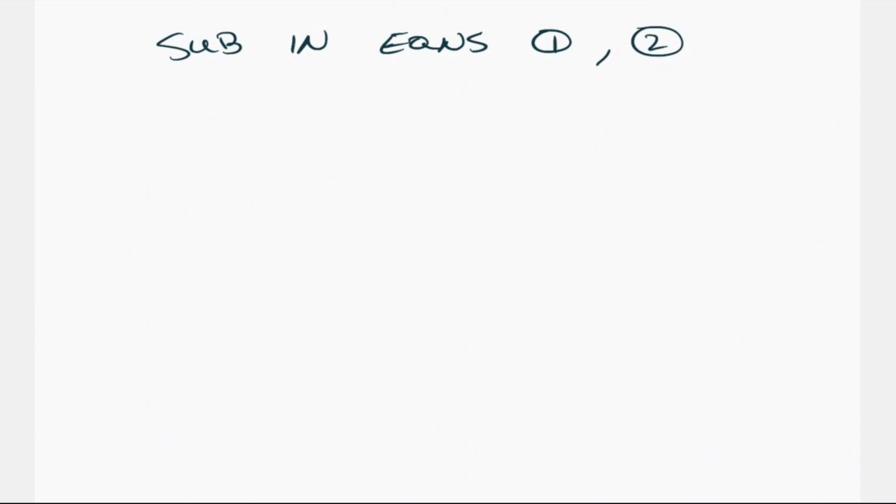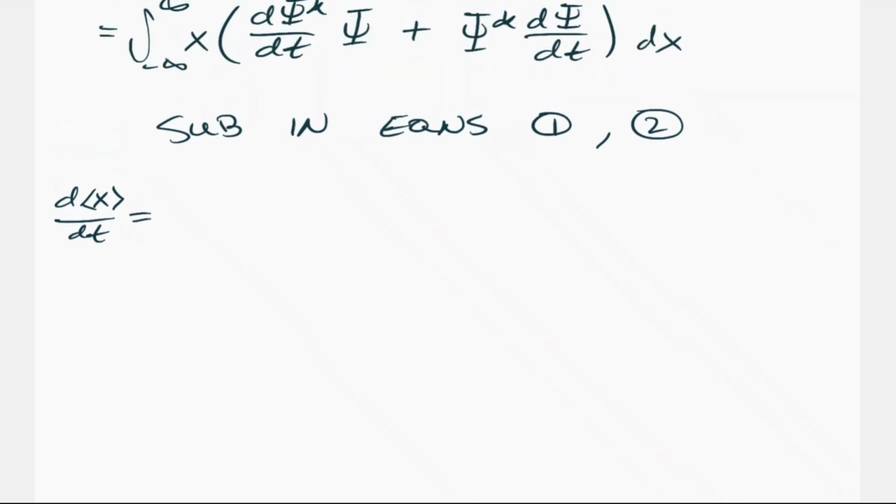And this is where it starts to get kind of messy, but also, quite frankly, if you're a physicist, it's amazing. This is really neat math. So dx/dt is equal to the integral from negative infinity to infinity of x, and then we're going to open a big bracket here and start plugging in.